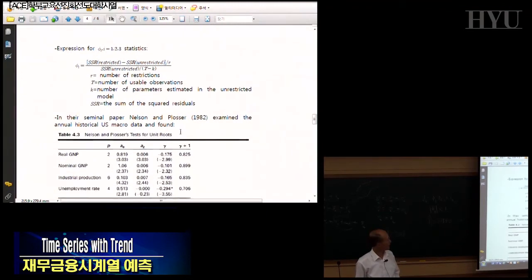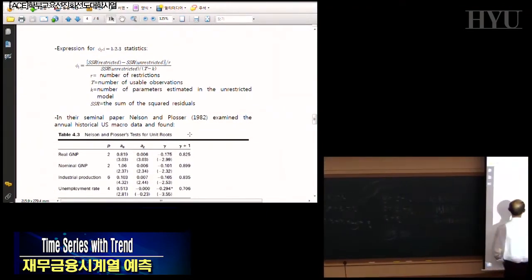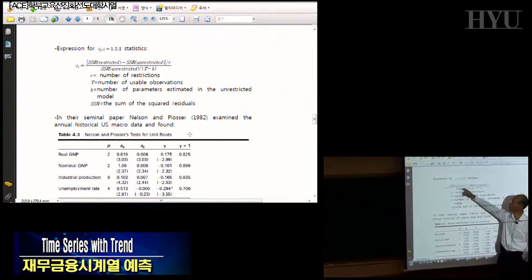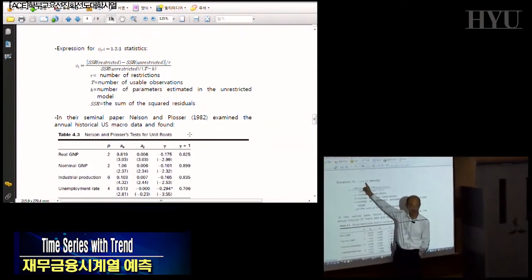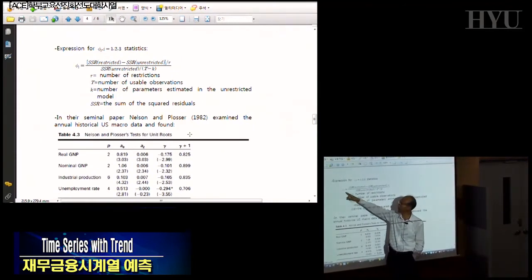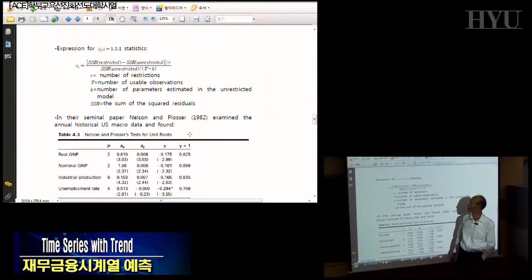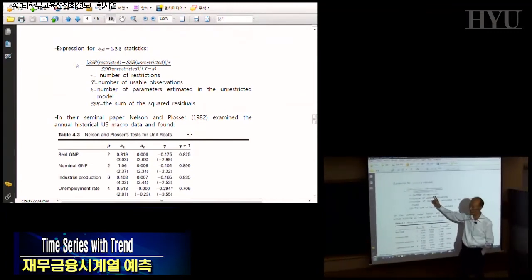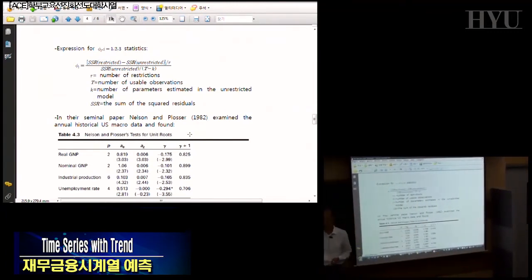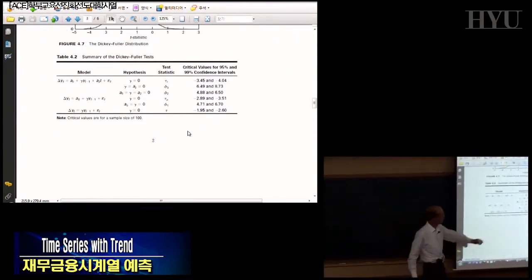A pi statistic, just in case you are curious. In the previous page, we had pi 1 statistic through pi 3 statistic, right? The way we calculate pi 1 to 3 statistics is you run a regression, and there is a number of restrictions. By number of restrictions, what we mean is, in this case, 1.